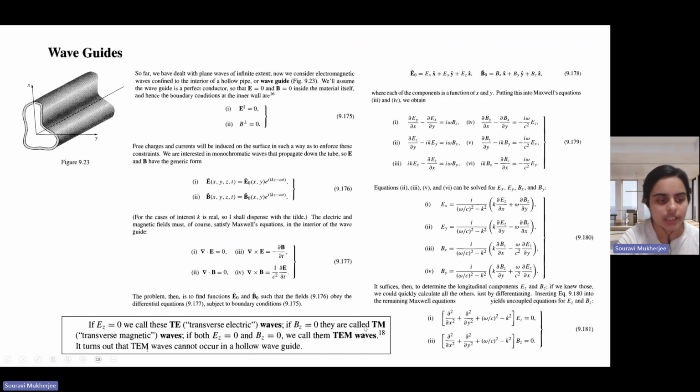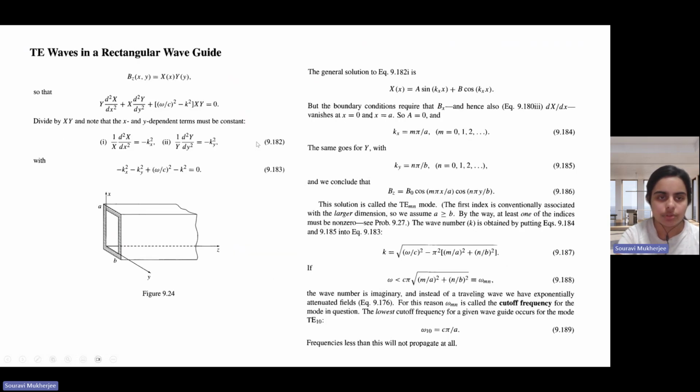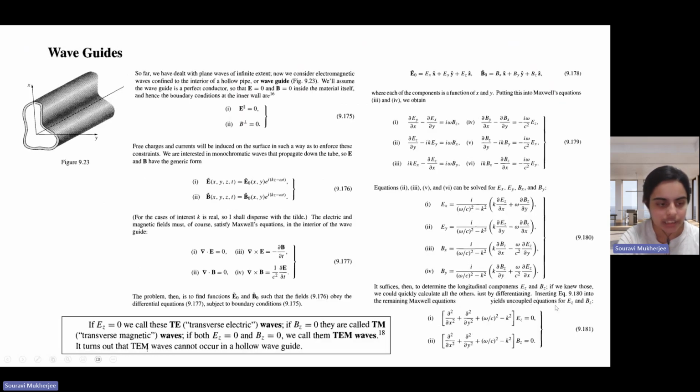If you do that, you get an equation like this, which is like a wave equation. Basically, you need to satisfy these two boundary conditions. And if this is your wave equation, you can think of it as the equation for how your Ez or Bz should look.